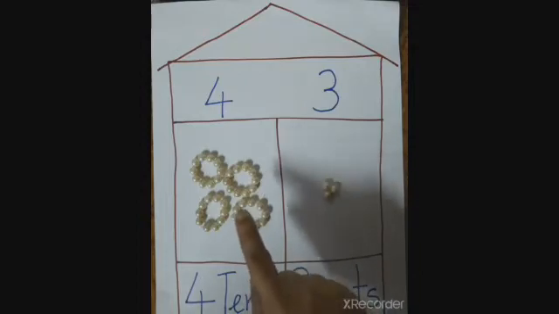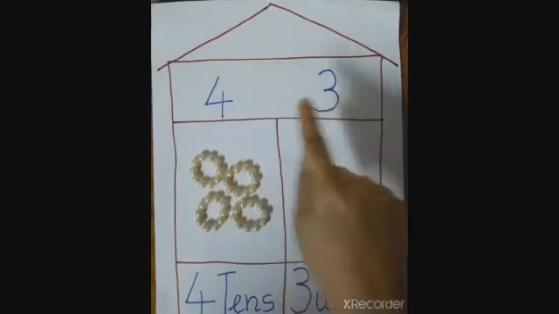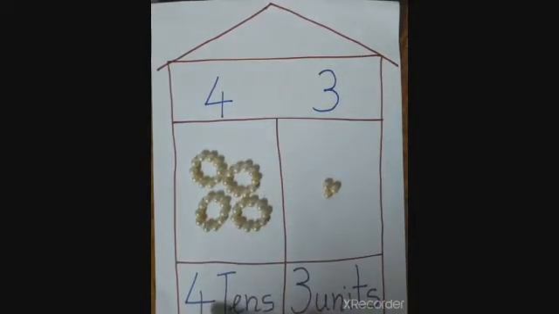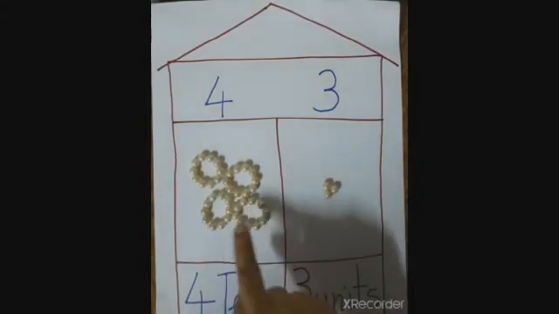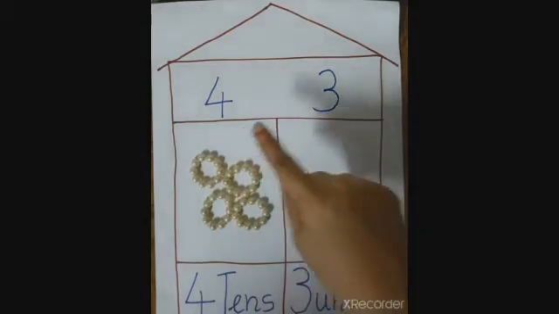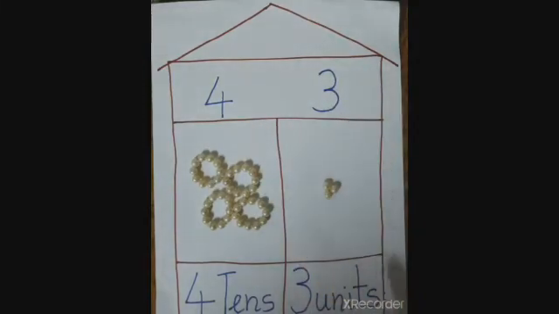Therefore, the place value of 4 in the number 43 is 40, that is 4 tens. And the place value of 3 in the number 43 is 3 units, because we get 3 single beads.